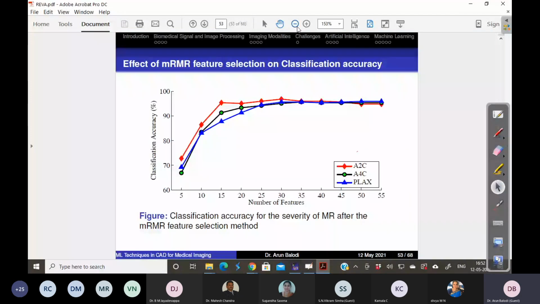After that, there is no improvement in the classification accuracy. So we said that instead of extracting 55 features, the top 35 features are sufficient. This was the conclusion: by using the mRMR technique, 35 features are sufficient to solve this particular problem.